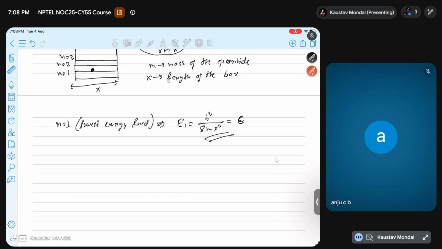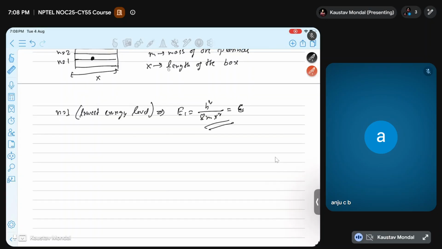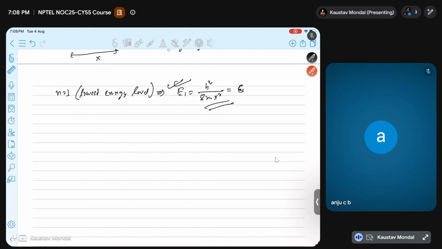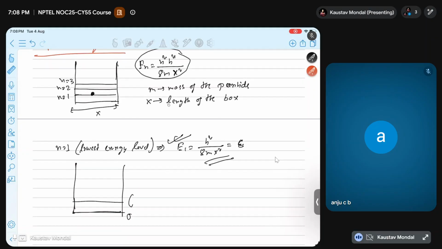Okay, so the ground state energy will now become 0. The first state has n equal to 2, right?